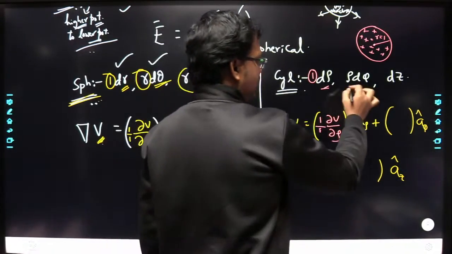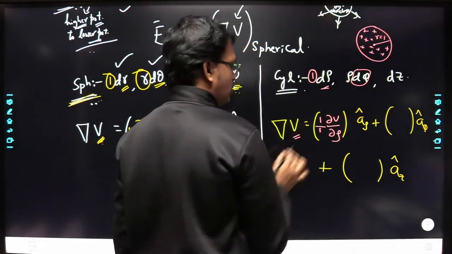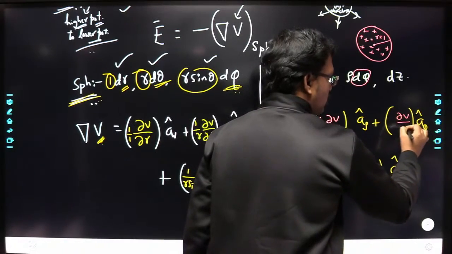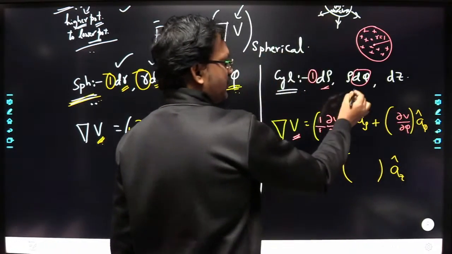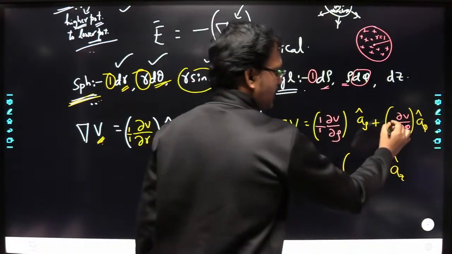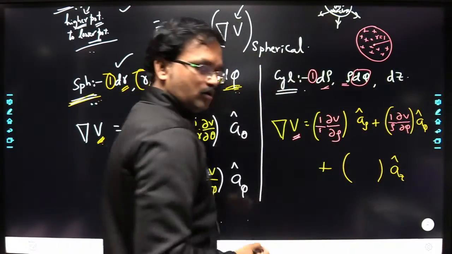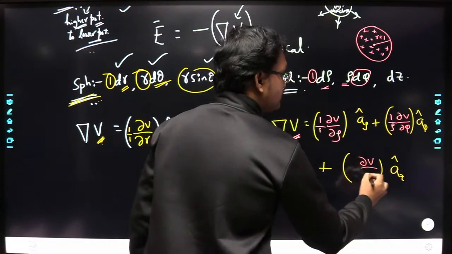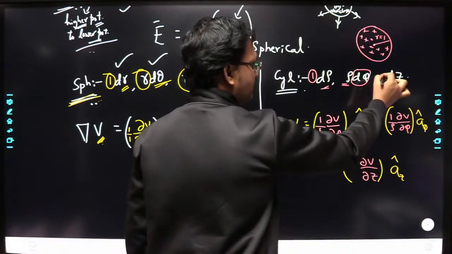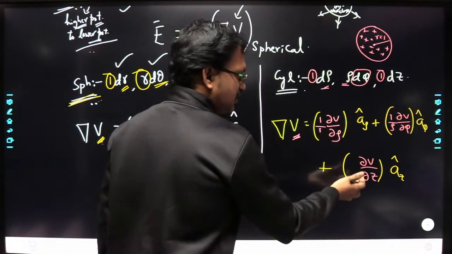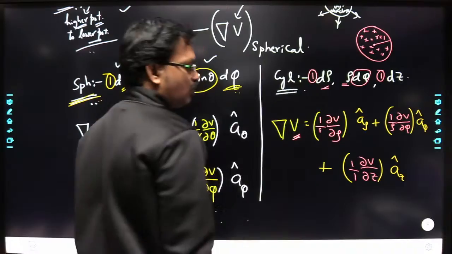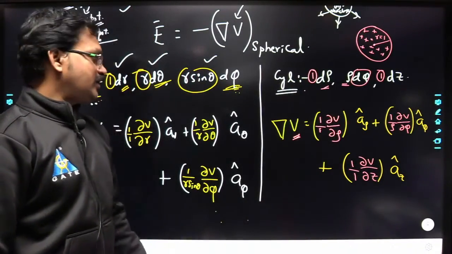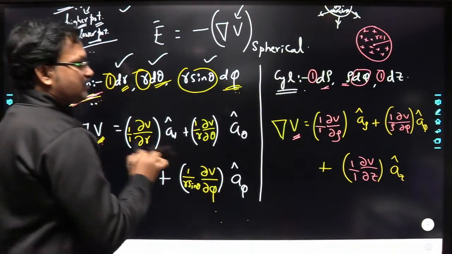Here differentiate the potential with respect to phi, so dou V by dou phi, and in the denominator write the coefficient of d phi, that is 1 by rho. In the third term, differentiate the potential with respect to z, and write the coefficient of dz in the denominator, so you will get 1 by 1. So this is how you have to expand gradient in case of spherical and in case of cylindrical.